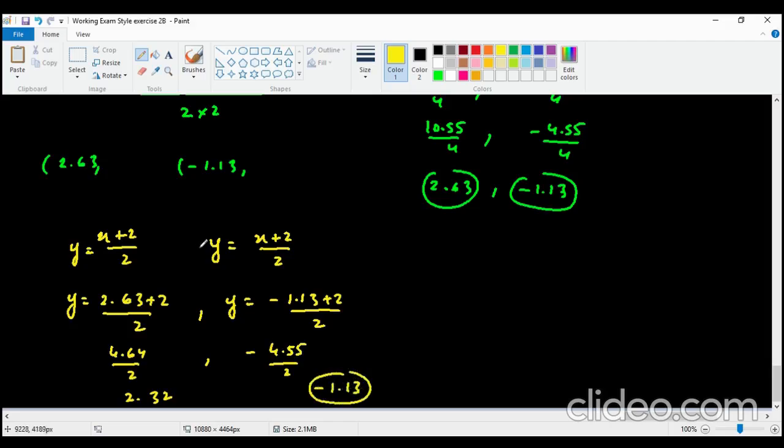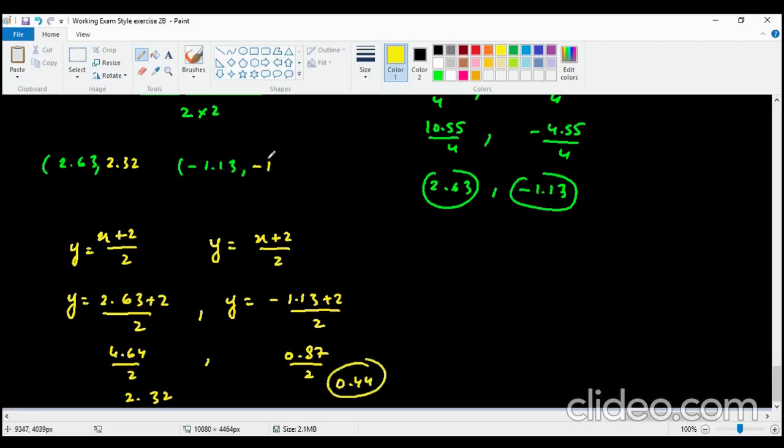So once the value of x is 2.63, you will get y as 2.32, and for x negative 1.13, 0.87 divided by 2 is going to give us 0.44.